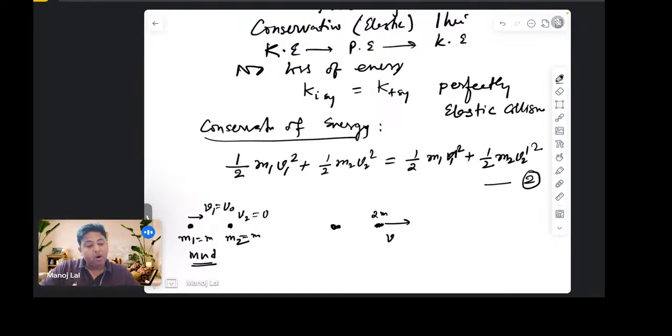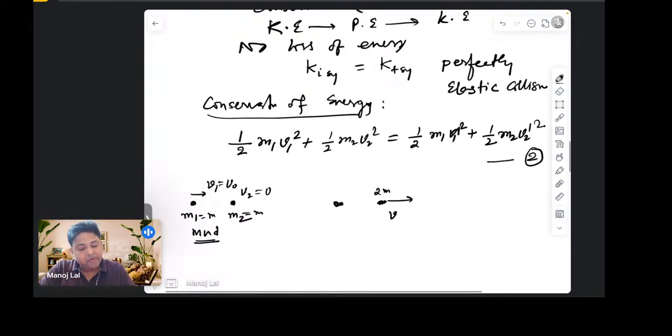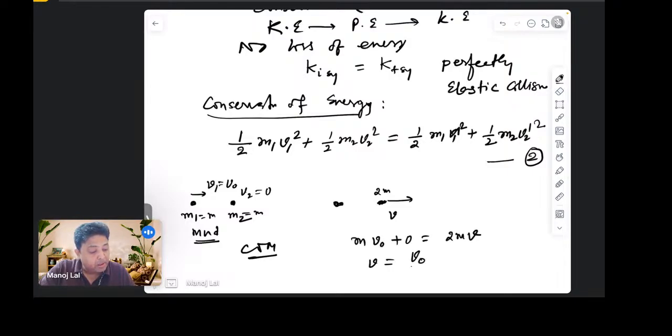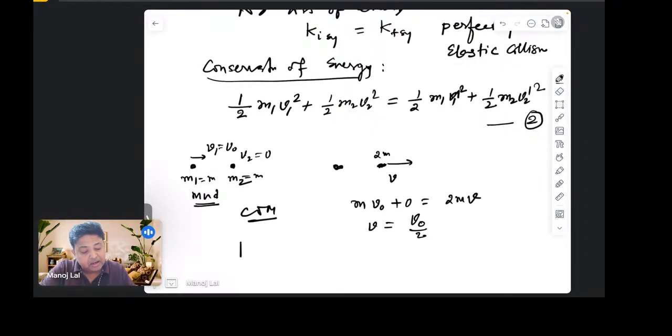What will be the conservation of momentum you apply? Conservation of momentum: m v naught plus 0 is equal to 2mv, and I will get v equal to v naught by 2. The initial kinetic energy is 1 by 2 m v naught square.